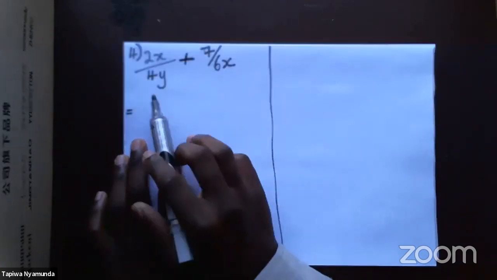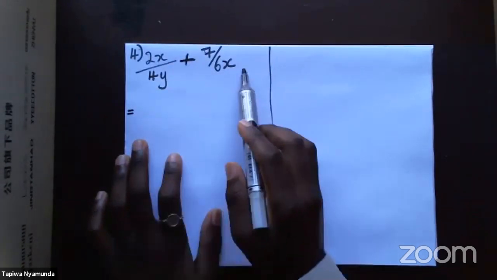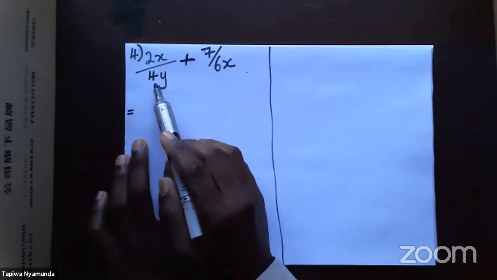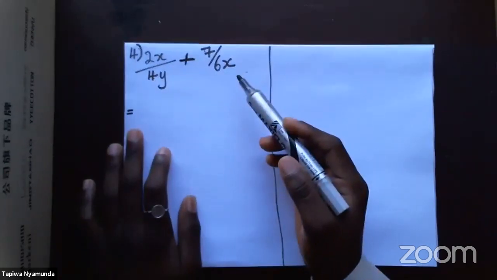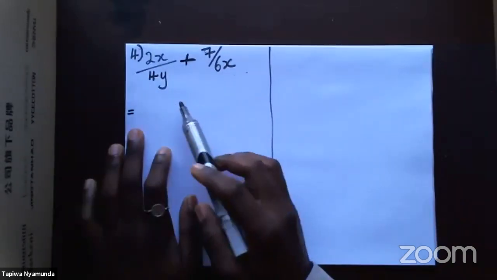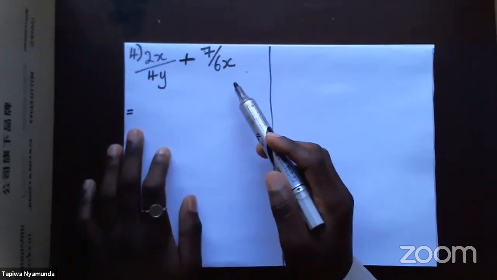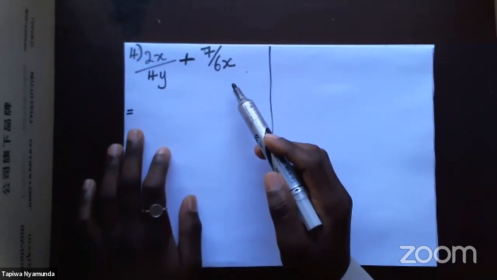Okay, so I have here 4y and 6x. We want to figure out what is the common denominator between 4y and 6x. Between these two, you can see that here we have y, here we have x. For us to determine the common denominator is a little bit complex.